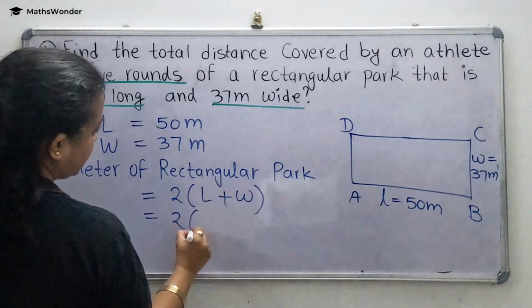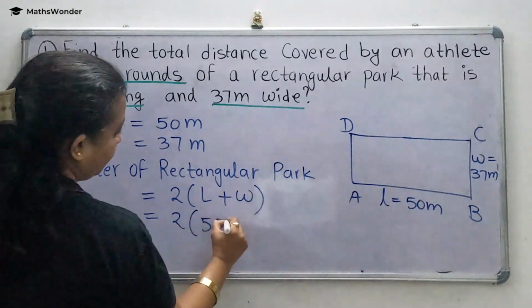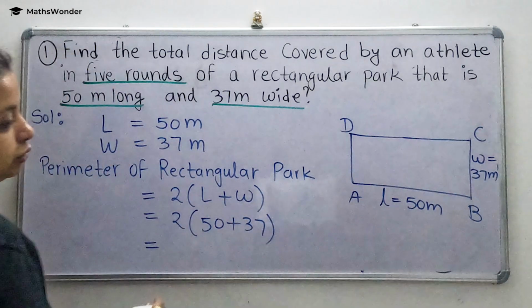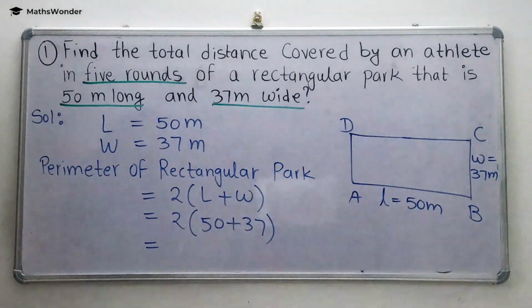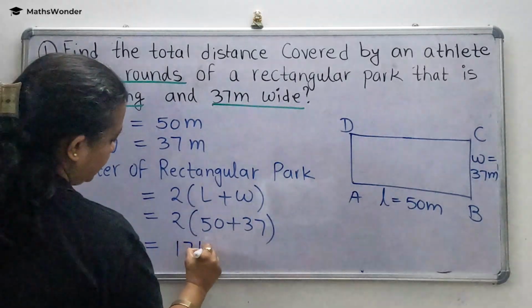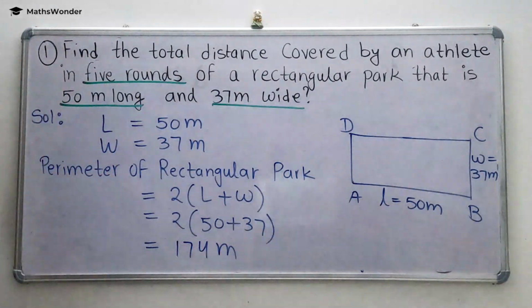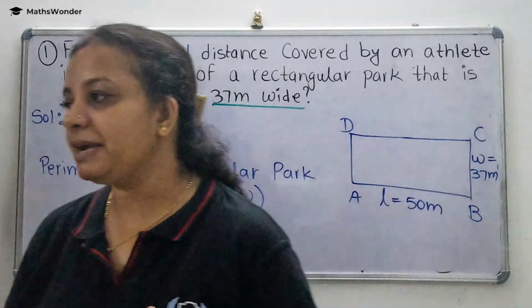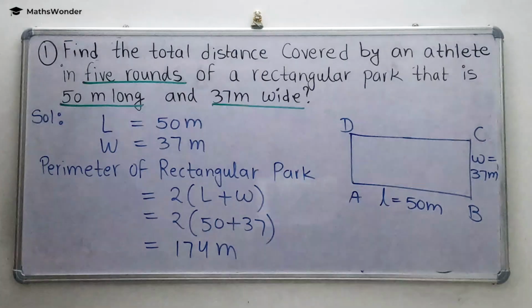So 2 times, length is 50, width is 37. I am writing the direct answer, which is 174 meter, right? This is for 1 round. The perimeter covers the boundary only 1 time. But my question is not 1 time. You have to find the total distance covered by the athlete in 5 rounds.